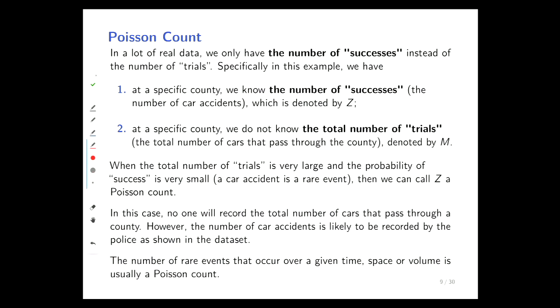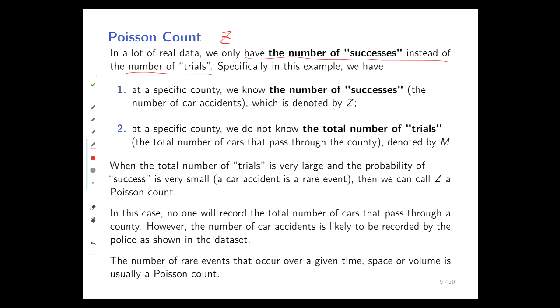So what's the Poisson count, Z? Basically, a Poisson count Z is usually used for real data when we do not have M, the number of trials.